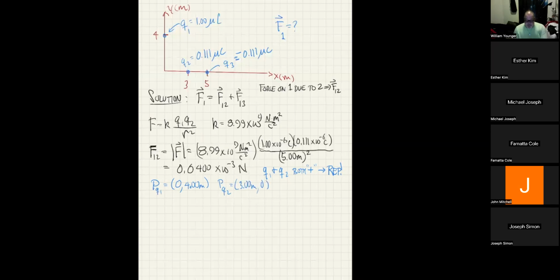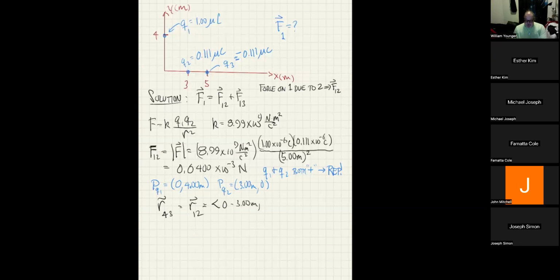Okay. So if you want to know the vector R that points from 4 to, or from 3 to 4, or let's say the vector at 4 due to 3, that's another way of saying it, which is also the same thing as R 1, 2, then all you have to do is realize it's going to be the final minus initial, and the final, of course, is 0 minus, and the initial, which is 3.